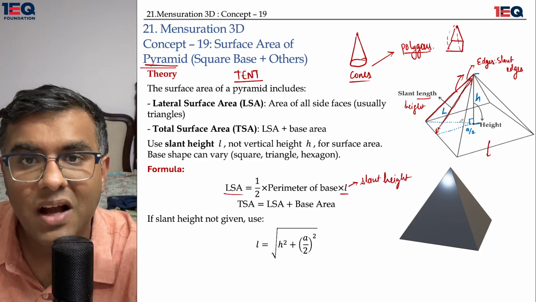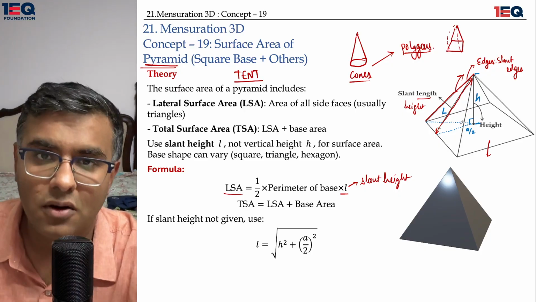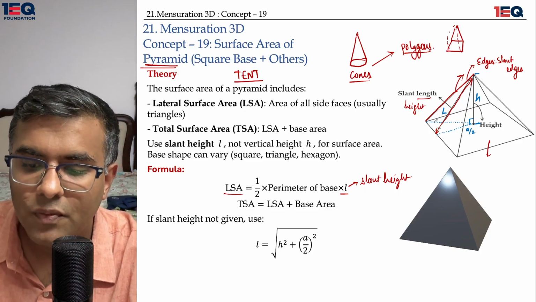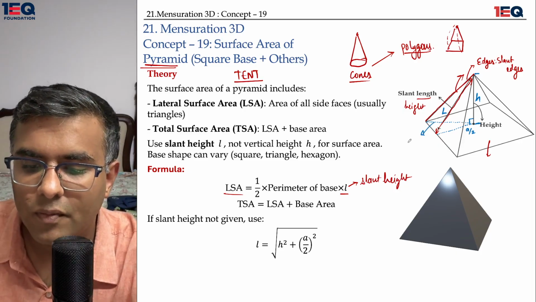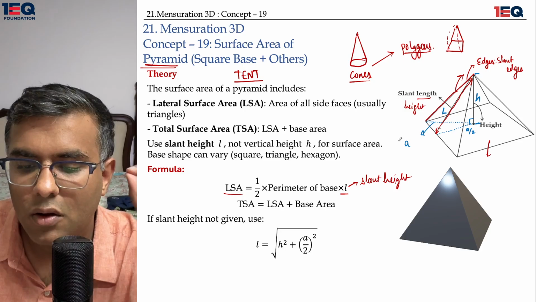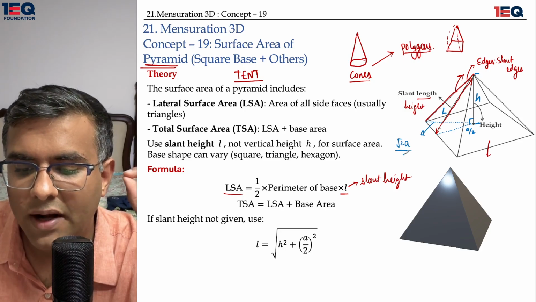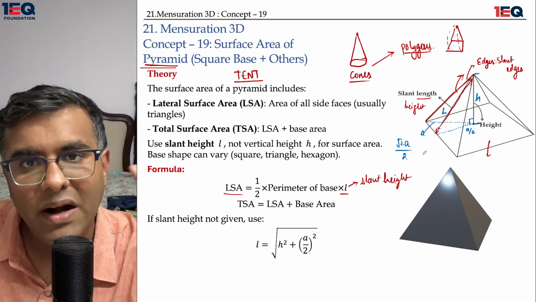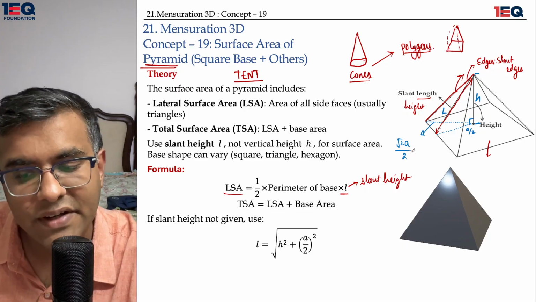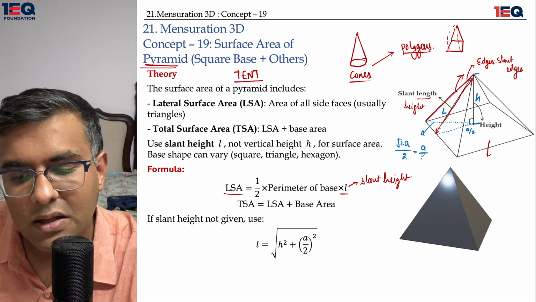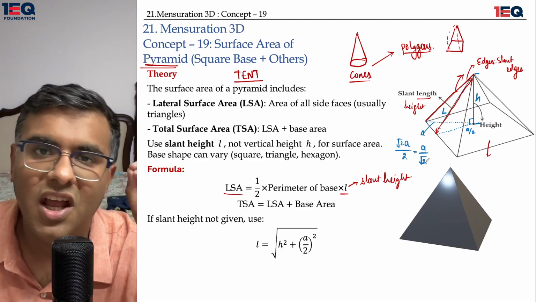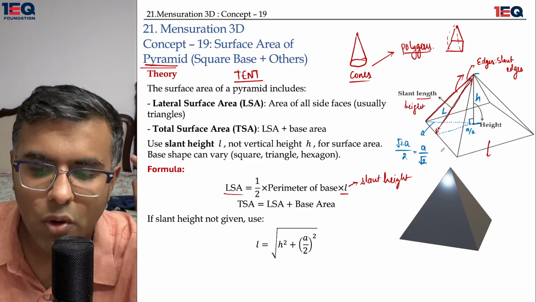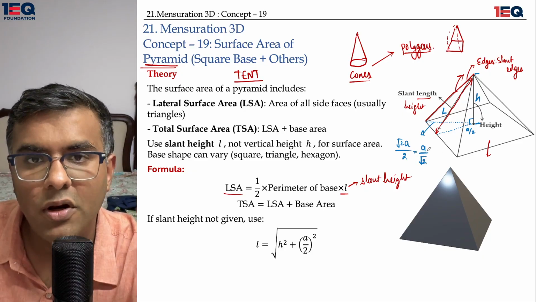That is going to be half of the diagonal of the square base. So this would come out to be root 2a by 2, because root 2a is the complete diagonal, but we are going to only use half of the diagonal. That means this comes out to be a upon root 2.